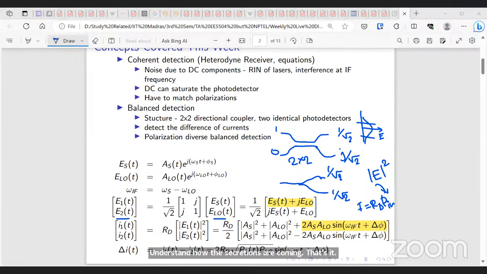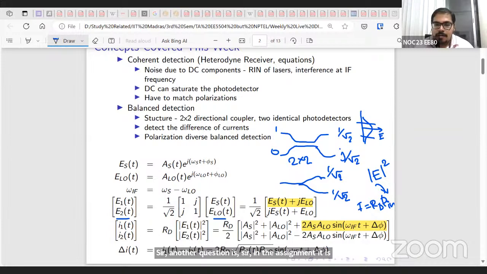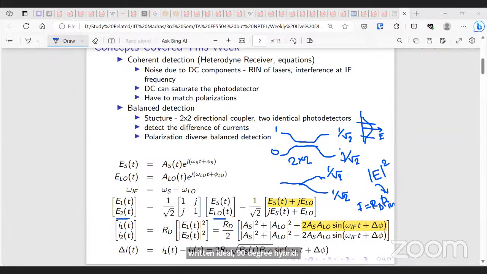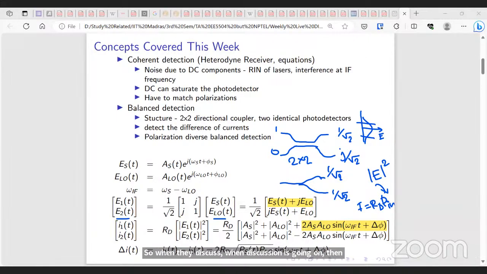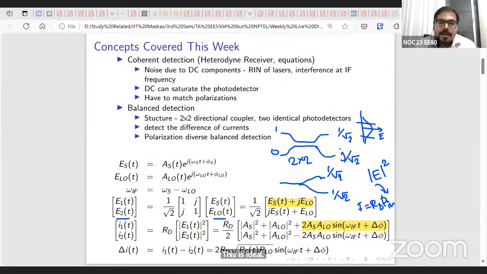Sir, another question: here in the assignment it is written ideal 90-degree hybrid. In the lecture, in lecture 3, coherent homodyne detection with 90-degree hybrid, we have used four 3 dB couplers and a 90-degree phase shifter. The ideal 90-degree hybrid structure is in the assignment, one structure is drawn. In the assignment they have given the transfer matrix.